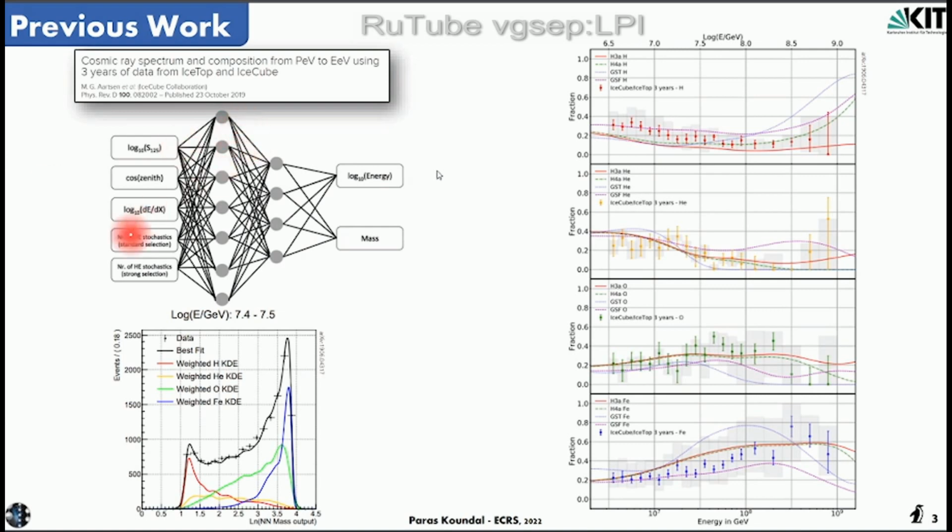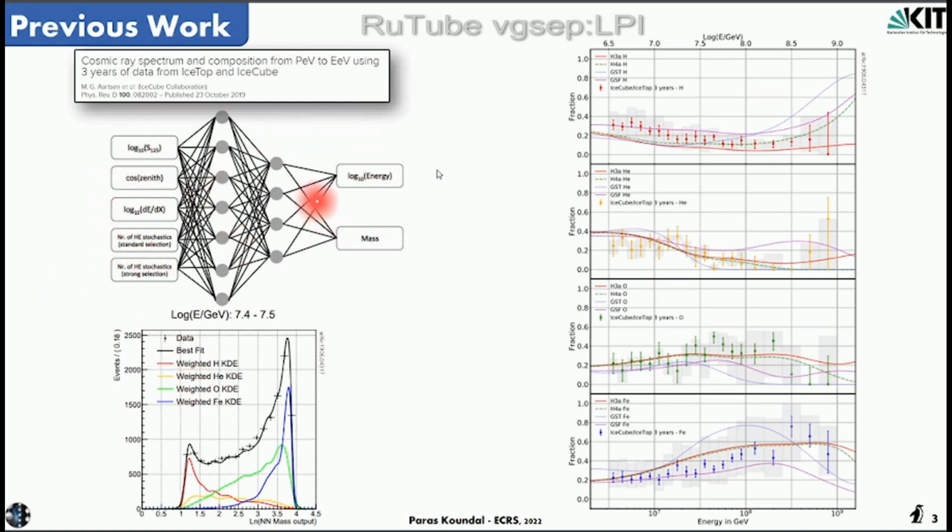Then zenith is the directional information which we need, and the rest of the three parameters are information from in-ice primarily. And since I told you it's mostly TeV muons, it's in some way trying to capture either the muon deposit or the muon number.